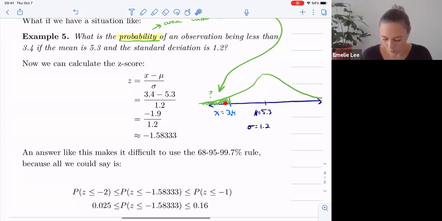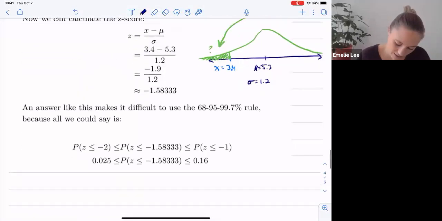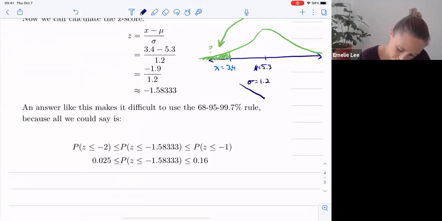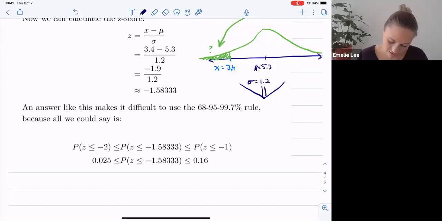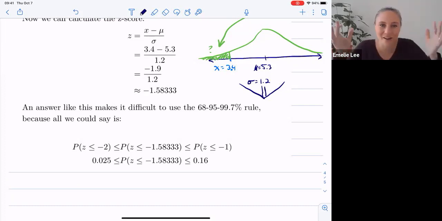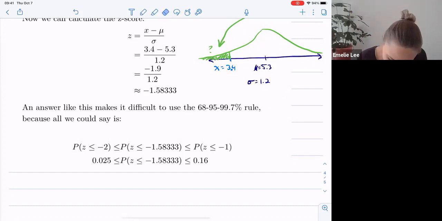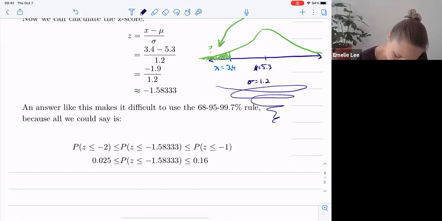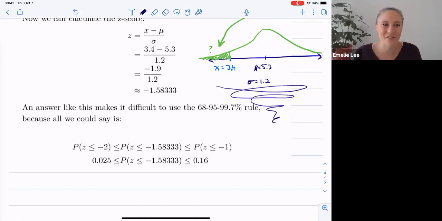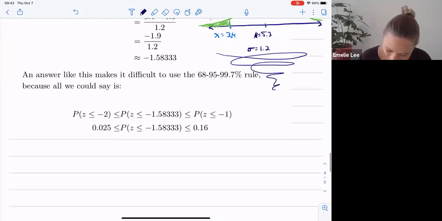Okay. So what we could do, if we wanted to, is use the 68, 95, 99.7 rule. What would we do? We would probably shrink this down, funnel this down into something, all of this can go down the drain. And what happens when we standardize it?